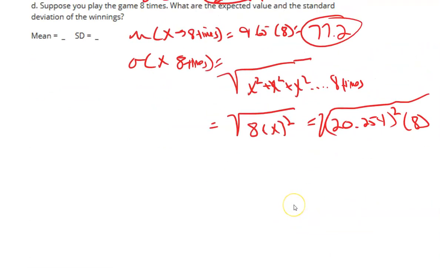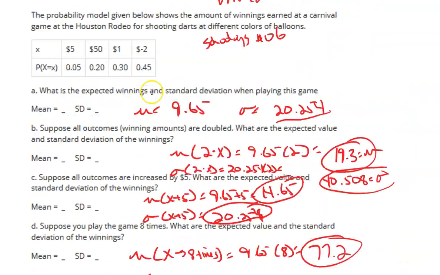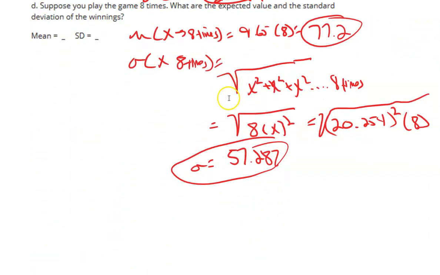And so I get 57.287 as my new standard deviation. And that is D. All right, that should be all for number 6 on our Schoology assignment.